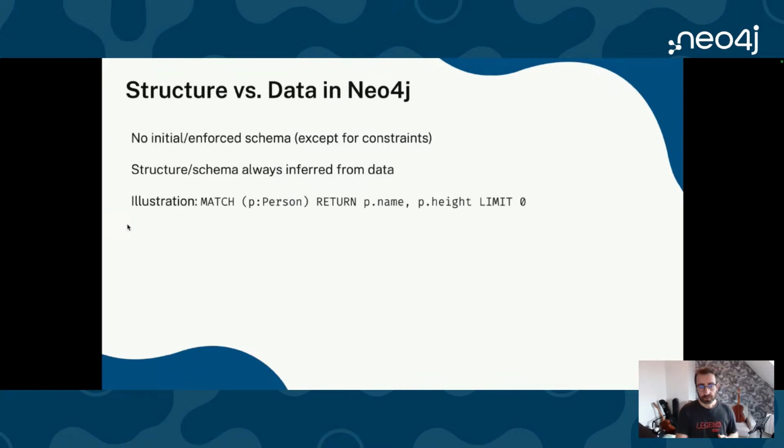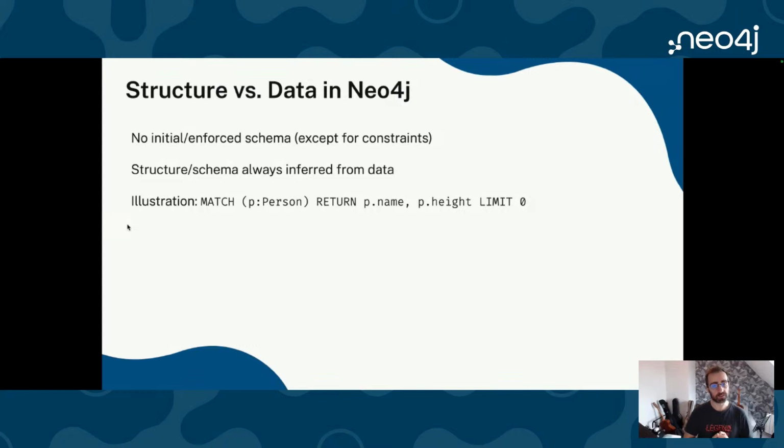However, if you look at Neo4j and do the equivalent, in that case, it's not going to be SQL like before, it's going to be Cypher. If you do something like match nodes with the label person and return the name and height attributes of those nodes, limit 0. As for SQL, obviously, you're not going to have any results.